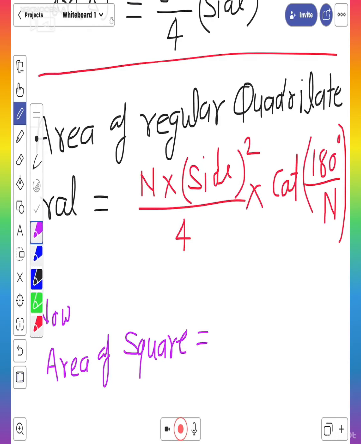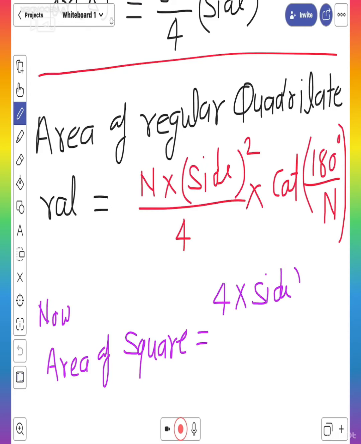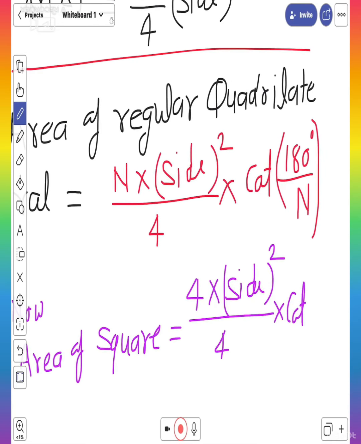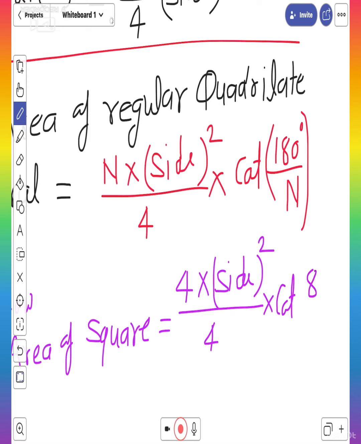So what you will get? You will get 4 into side square divided by 4 into cot 180 degree and again divided by 4.